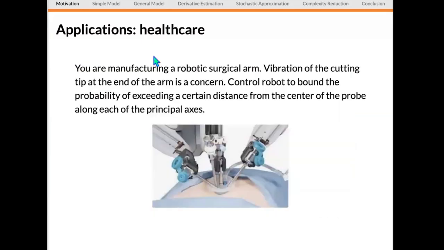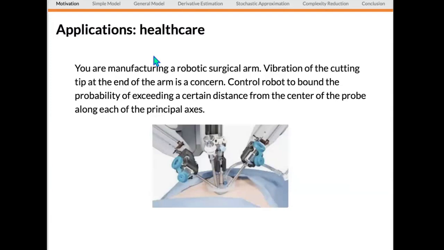Another one that we published in the 2022 paper that I told you about, with some of my students, looked at robotic arms for surgery. If we're manufacturing a robotic arm for surgery, it might be sending some laser that may cause ablation in the surrounding tissues.